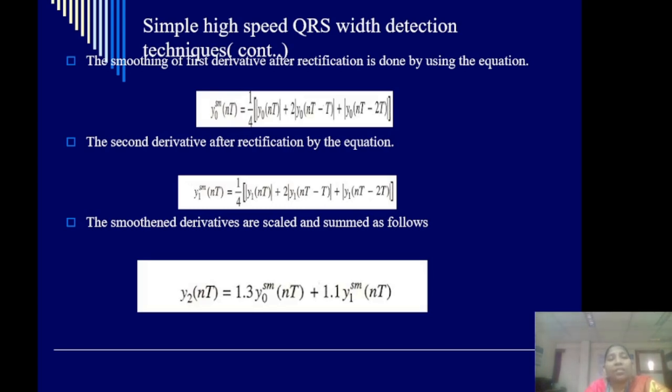After applying the smoothing to the first order derivative, next we apply it to the second order derivative.